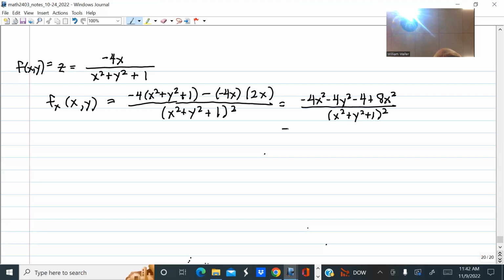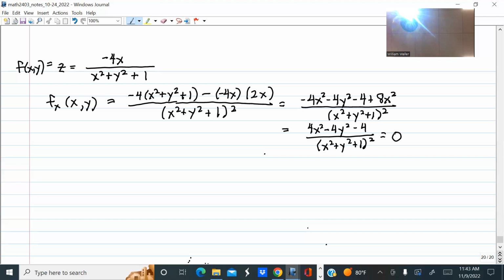We do have a couple of like terms we can add together, so it looks like I get 4x squared minus 4y squared minus 4, over (x squared plus y squared plus 1) squared. And of course, what are we going to do with that? Set it to 0, because we're looking for the critical points, correct?